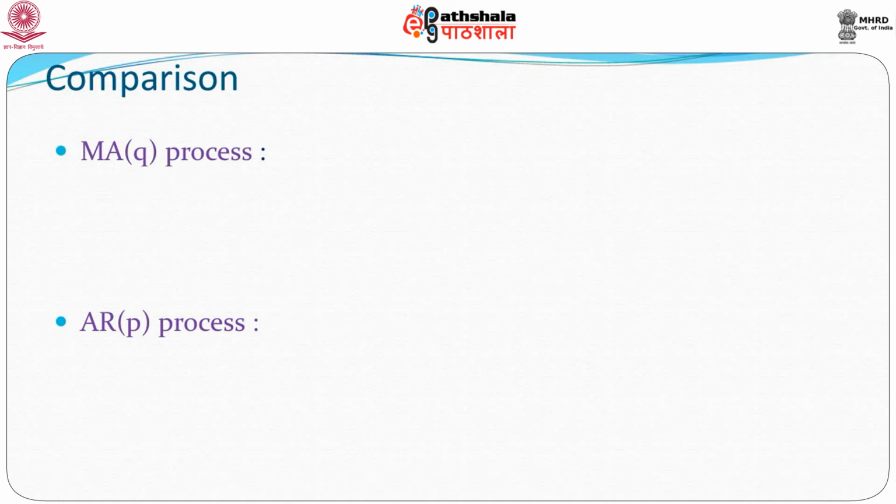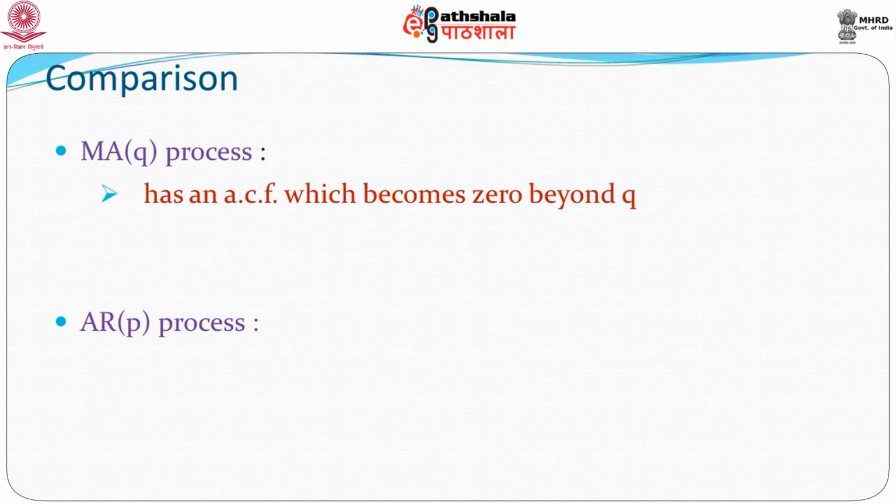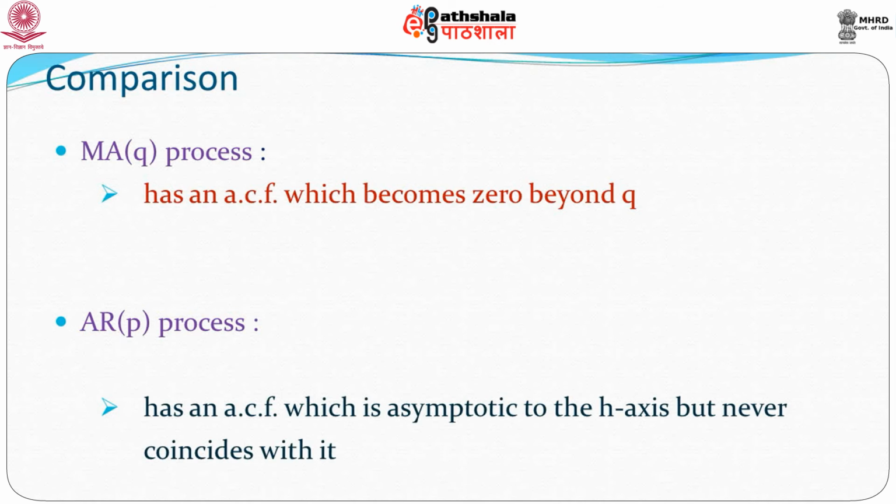So, for an MA process, the ACF becomes 0 beyond q, and this helps us to identify what the q value is. For the AR process, the ACF becomes asymptotic to the h axis, but never coincides with it. Therefore, we cannot identify p from the ACF itself.